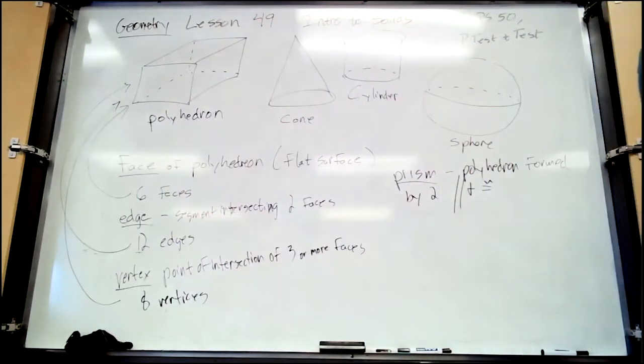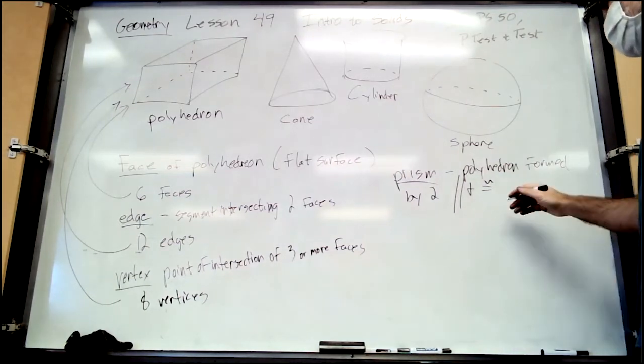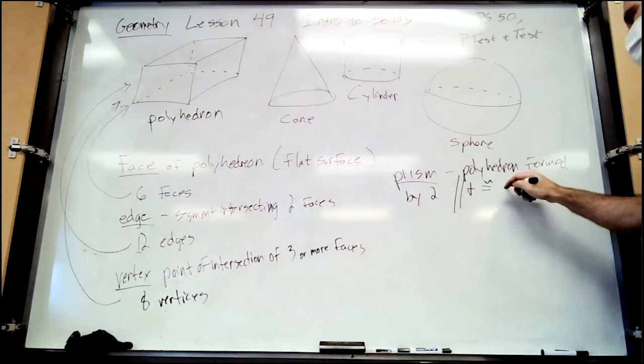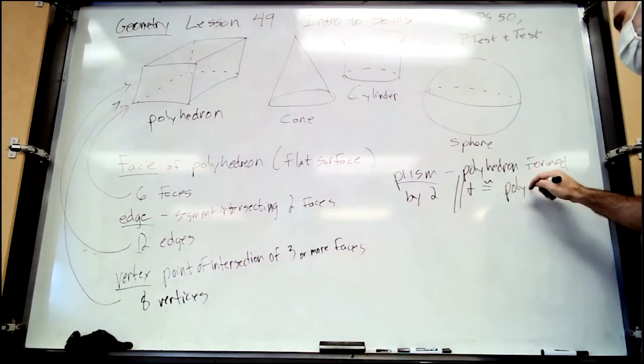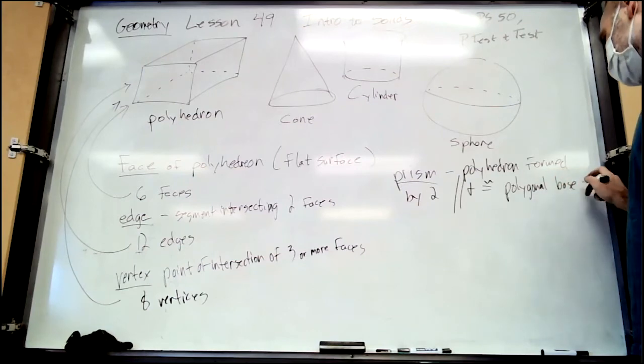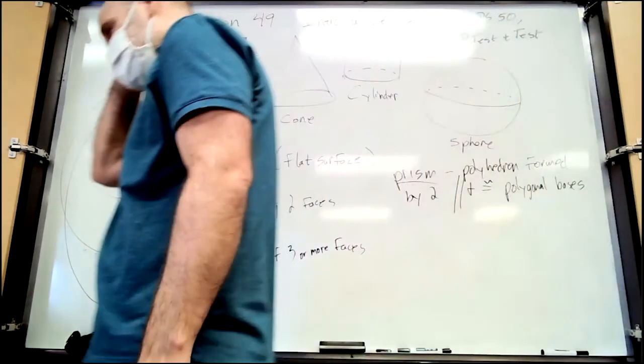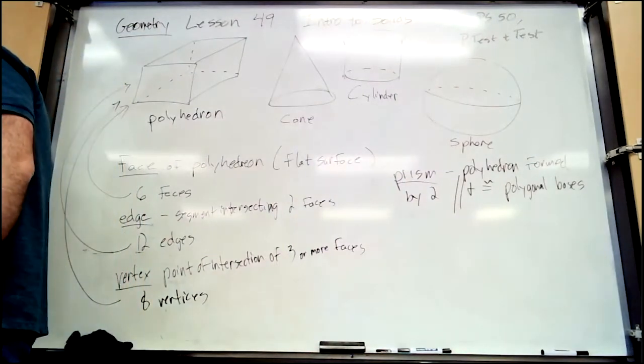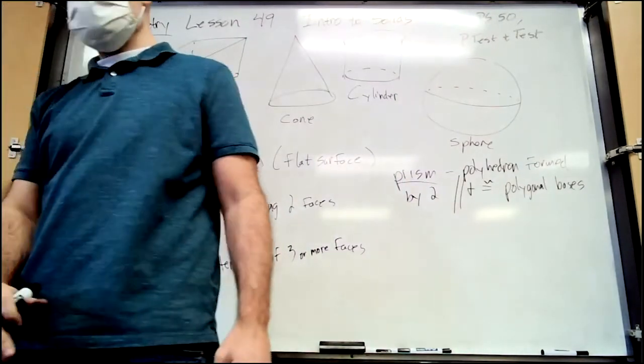A cylinder technically has two congruent bases. They're both circles on the top and the bottom, right? But it's not a polygon. So by two parallel and congruent polygonal bases, and then their sides have to be parallelograms, and they are.